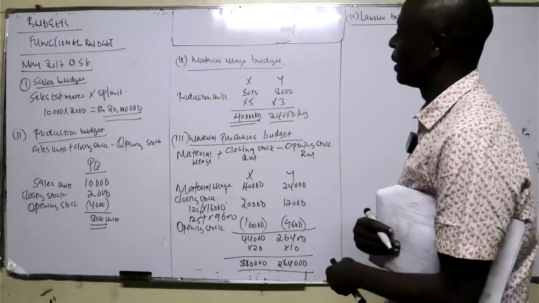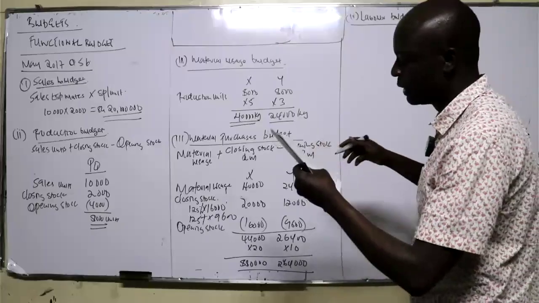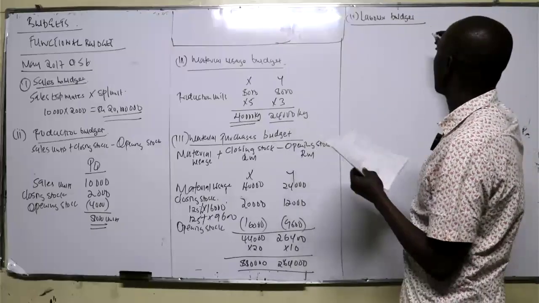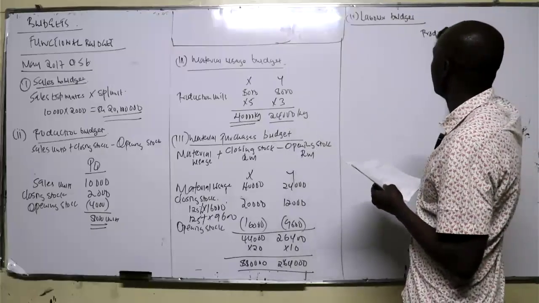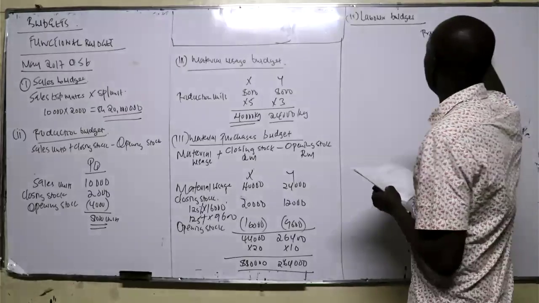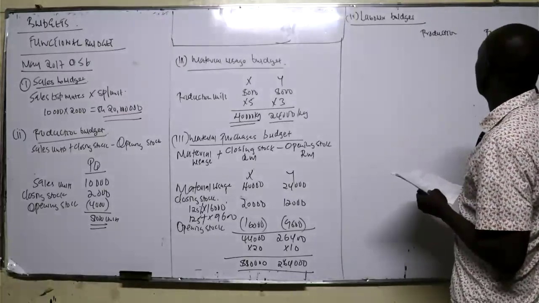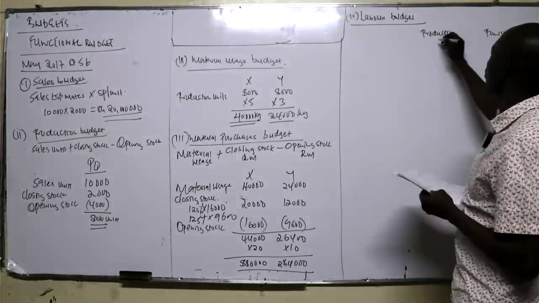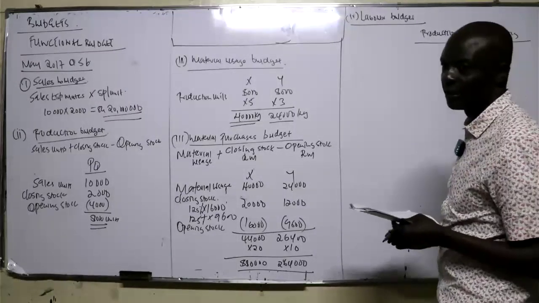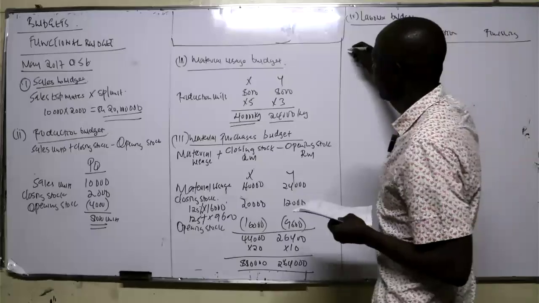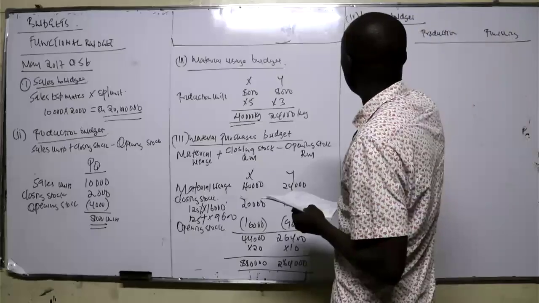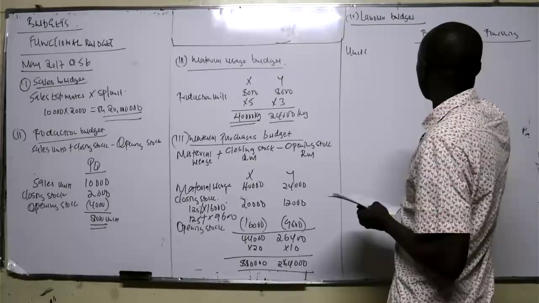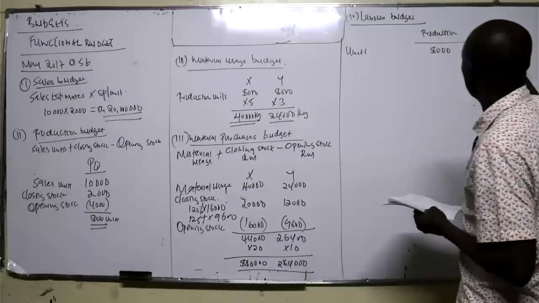So they have two departments. They have what we call the production department, and another department called finishing. So those are the departments they have, isn't it? So these units must go through here, and they must also go through here.